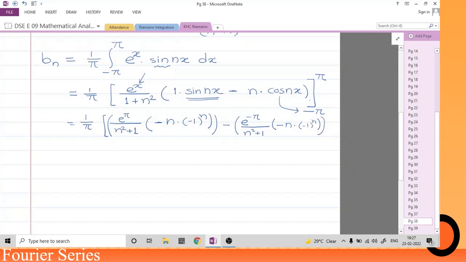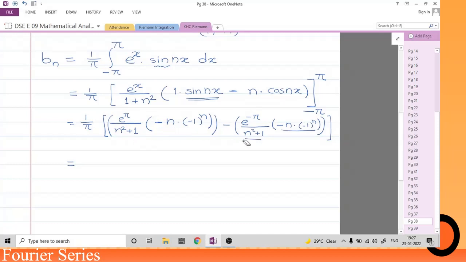The negative sign will not change the value of cos. Cos minus theta is equal to cos theta. So again you observe minus n times minus 1 raised to n, with denominator n square plus 1, again they are common.